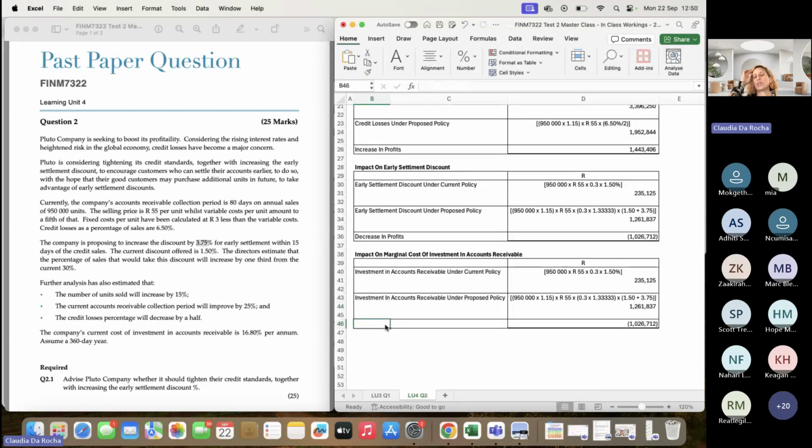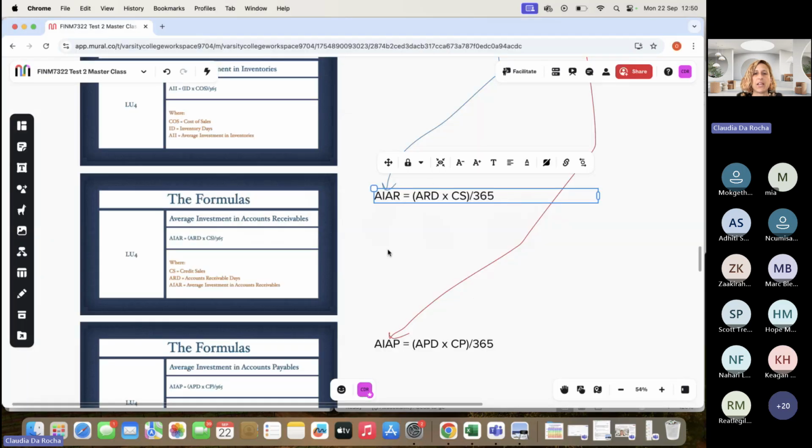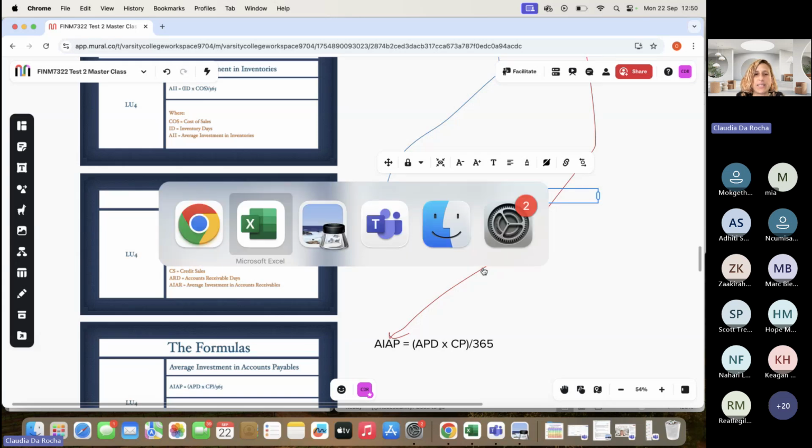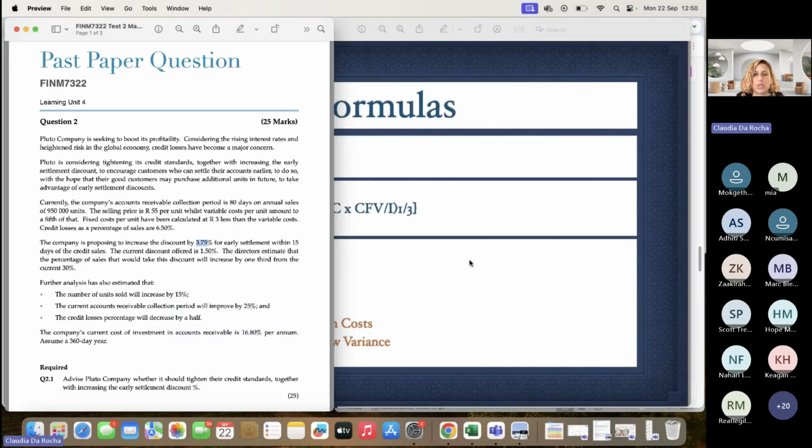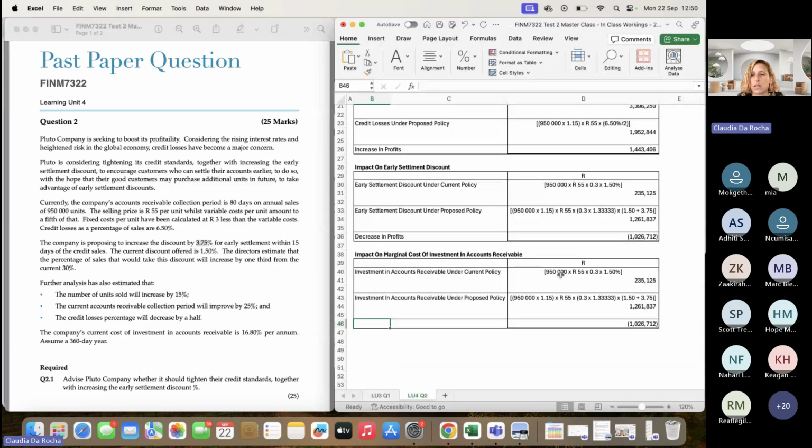We don't know if we have a decrease or increase yet. When we're dealing with investment in accounts receivable, we have to use the formula. What is the formula? The formula is average receivable days or accounts receivable days times our credit sales divided by 365.